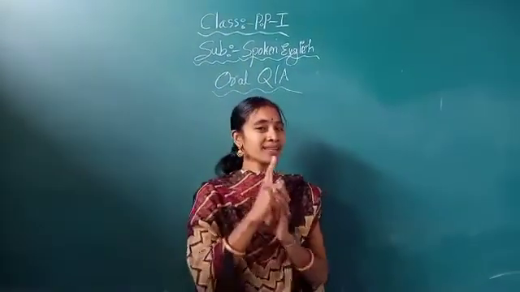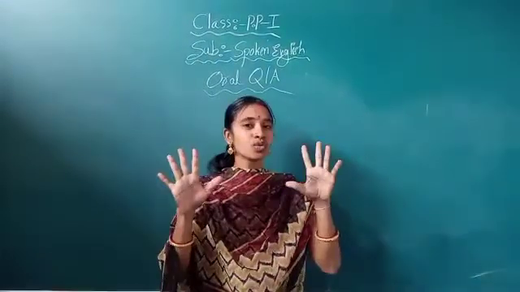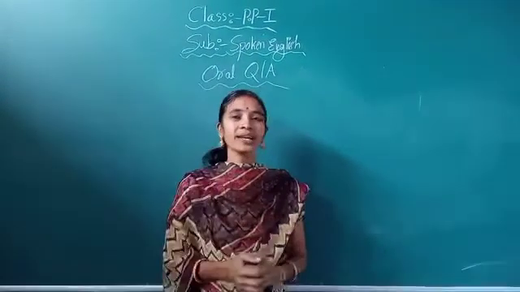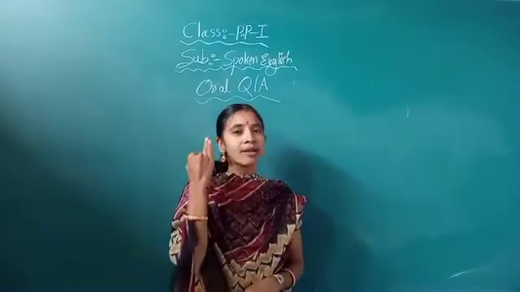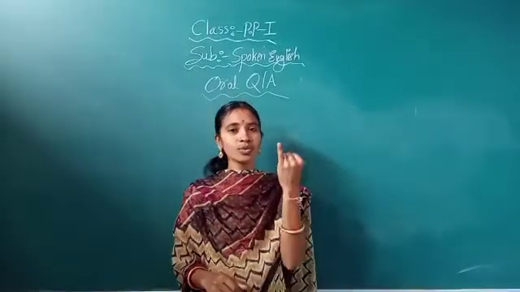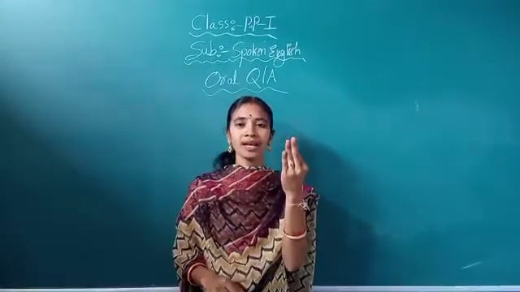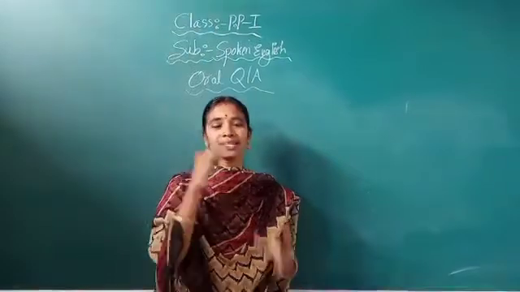How many months in a year? There are 12 months in a year. They are January, February, March, April, May, June, July, August, September, October, November and December.